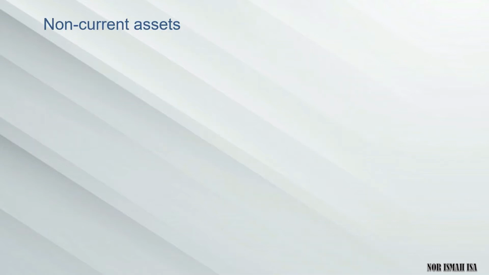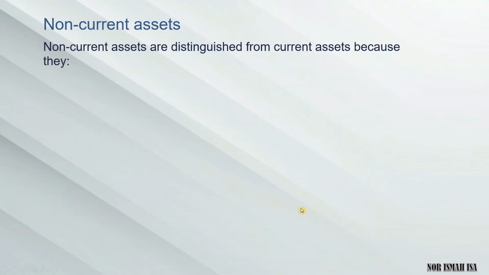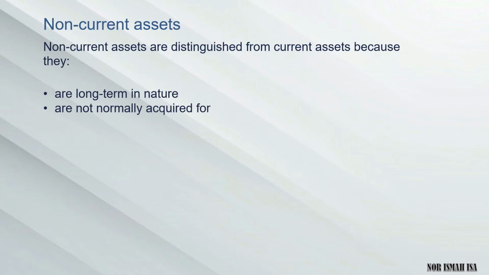Okay, let's start with the non-current asset. There is a difference between the current asset and the non-current asset. First, the non-current asset is long-term in nature, meaning that we will use it in the long term.